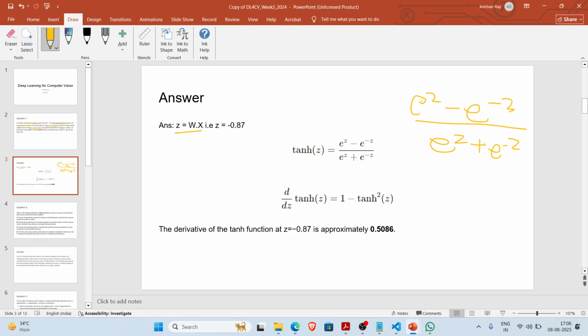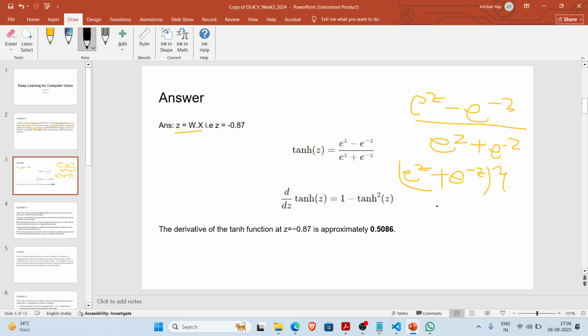Taking the derivative of it is like the divide rule, the quotient rule, where the denominator becomes a square.